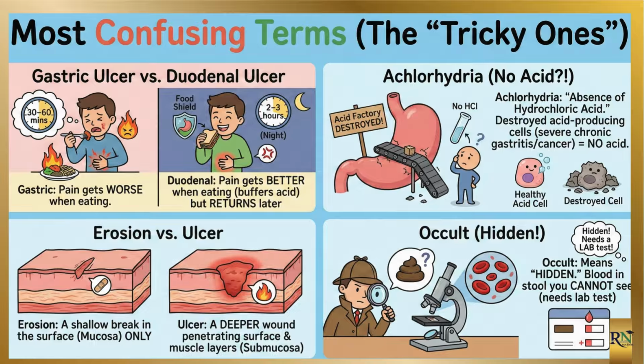And then the duodenal ulcer, an open sore in the lining of the duodenum, often caused by H. pylori or NSAIDs. Ulcer in duo means duodenum. Pain improves with food and returns later.